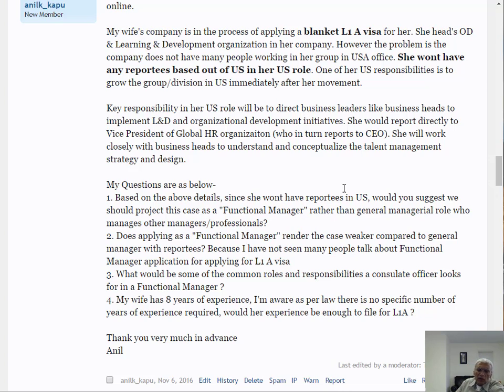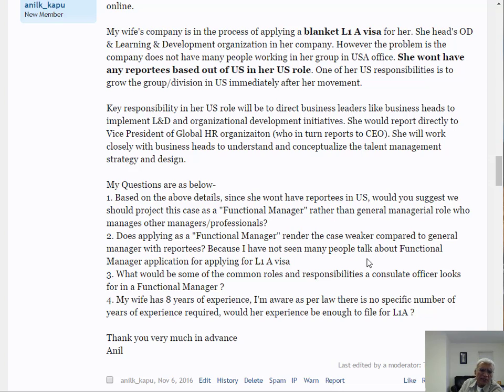She's directly reporting to the vice president of global HR organization, who is next step to the CEO. She'll work closely with business heads. I think it looks like even without the reportees, there is a healthy chance she can get an L1A as a functional manager. And there's nothing wrong with the functional manager role. We do it all the time.